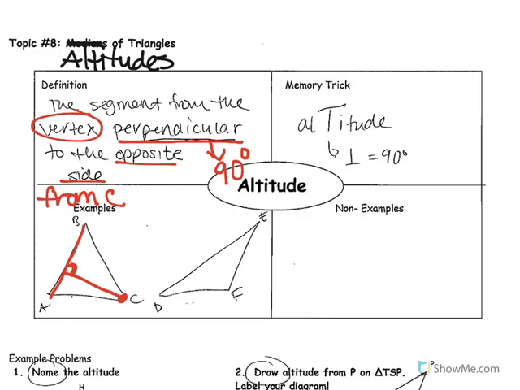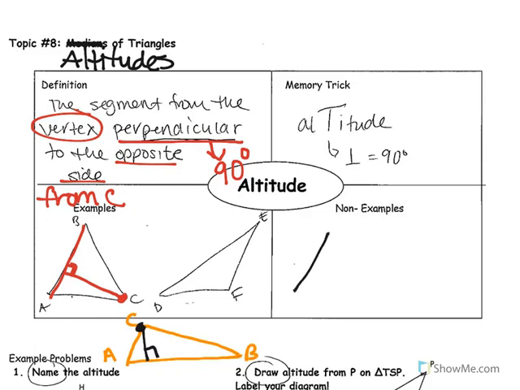Before we get to triangle DEF, I want to draw one more. So let's say I give you this triangle right here, and I want to draw an altitude from C again. Now C's up top here, and this time we want to draw, again, straight down, so that it's perpendicular.